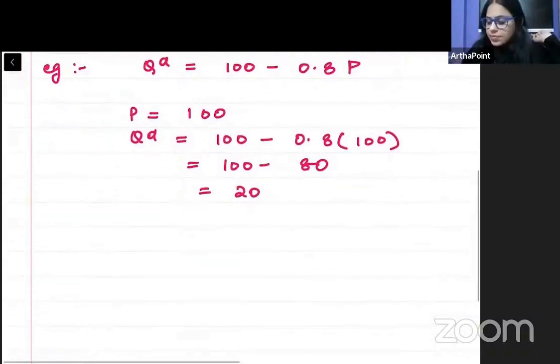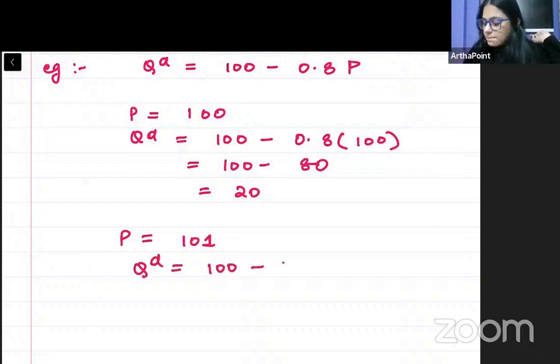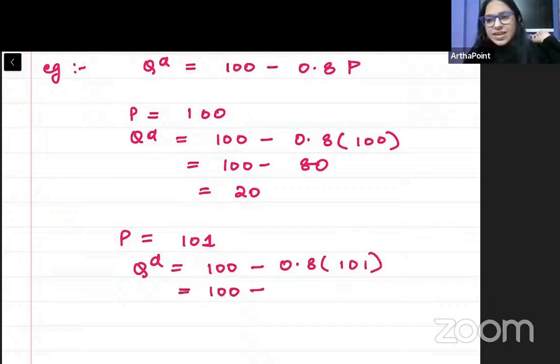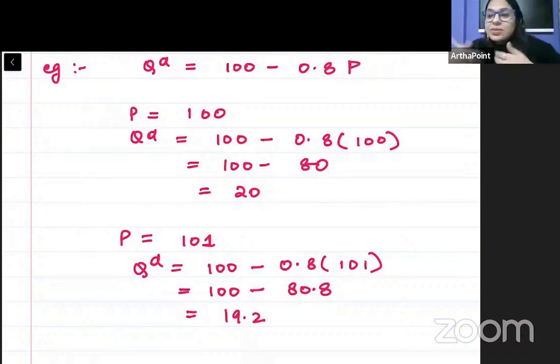But if you keep your price as 101, then your quantity demanded will be 100 minus 0.8 into 101. So it will be 100 minus 80.8. It is going to be 19.2. This is doing it mathematically.